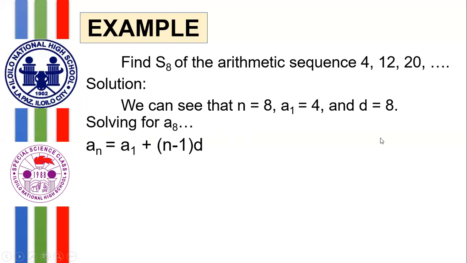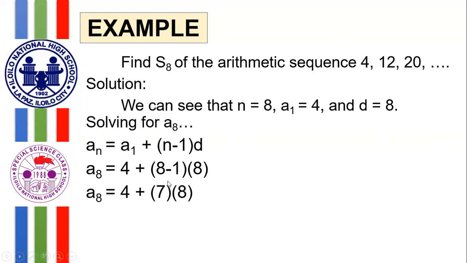And by substitution, you have a sub 8 equals 4 plus 8 minus 1 times 8. That is 7 times 8, so this is 56. 4 plus 56 gives us 60. So 60 is the last term, or the 8th term of this sequence.